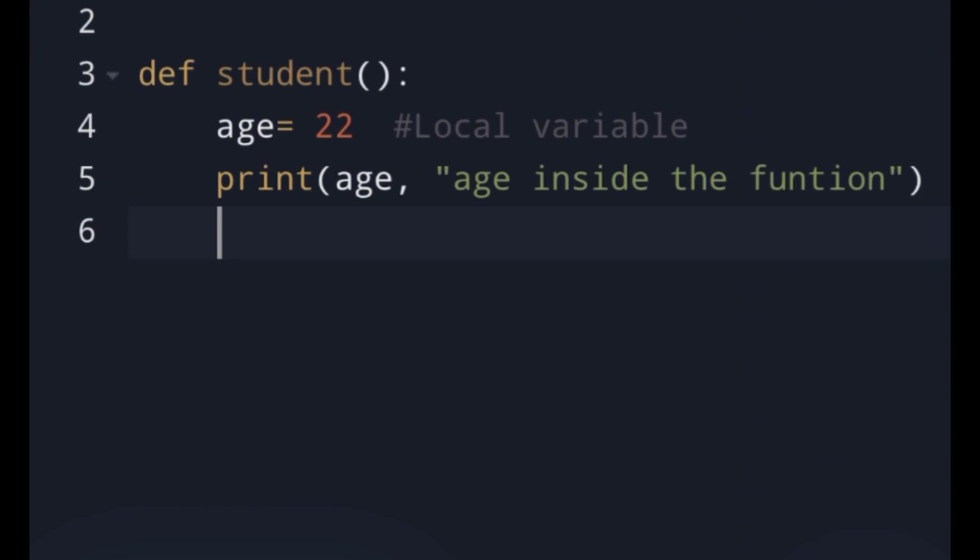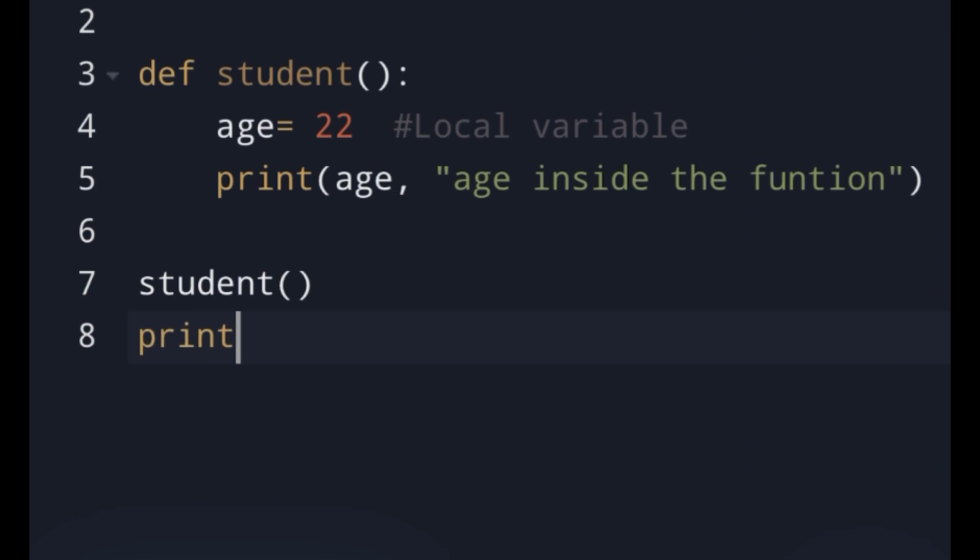And to check whether this local variable gets printed outside, I will call this function and try to print the value of age outside the function.